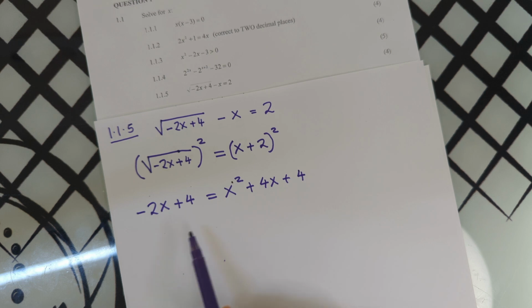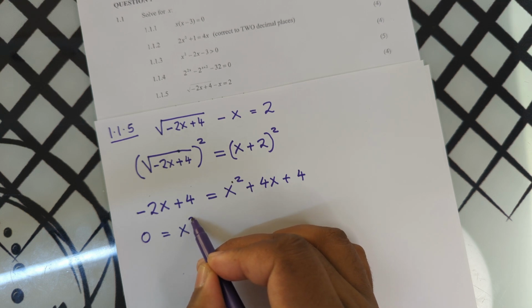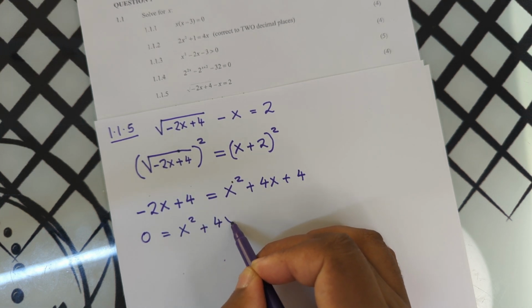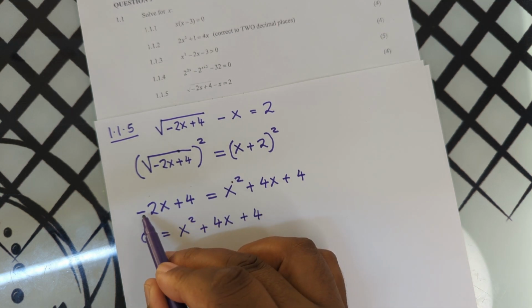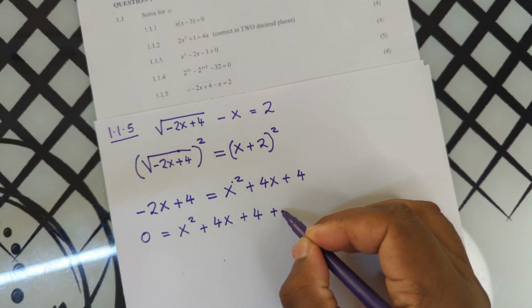Now let's transfer everything to one side. So let's move the terms on the left side to the right side. So we're going to have 0 is equal to x to the power of 2 plus 4x plus 4, and the -2x, when we transfer to the right side, it becomes positive.